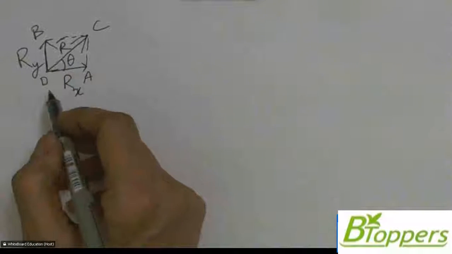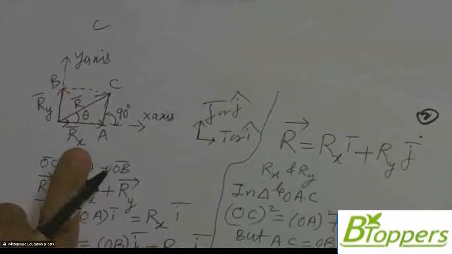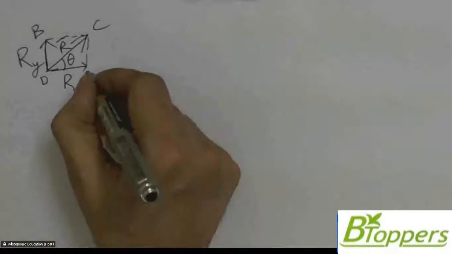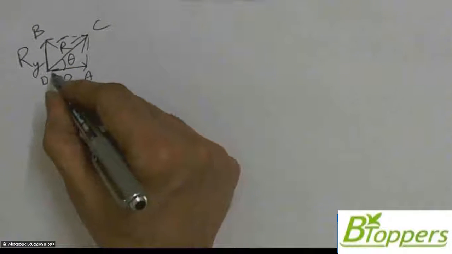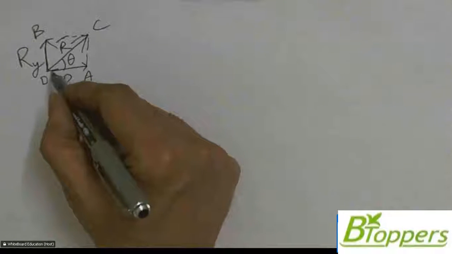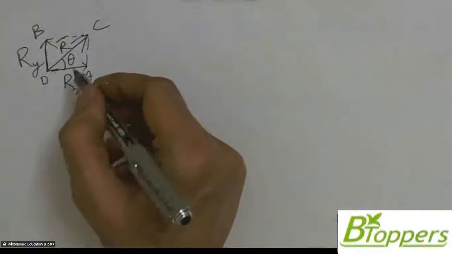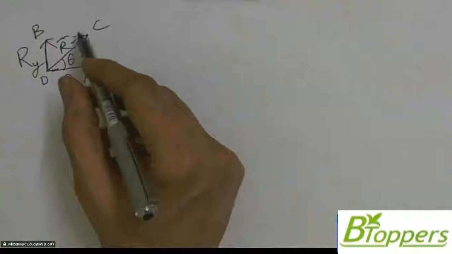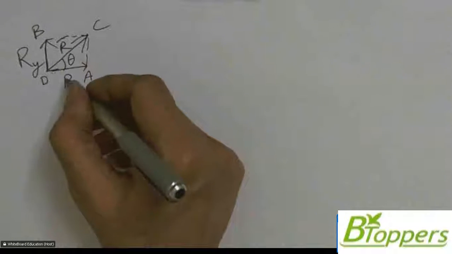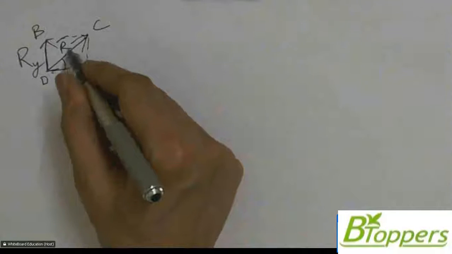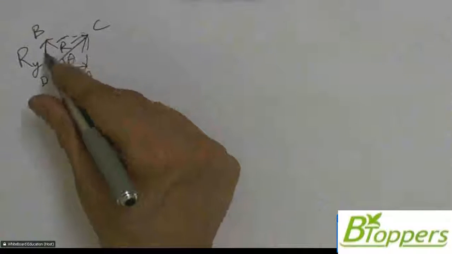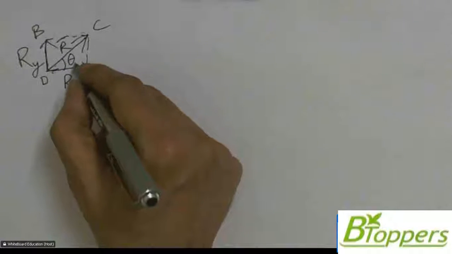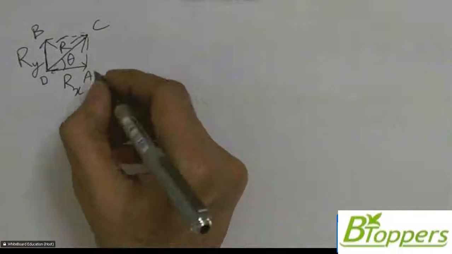I have drawn the same rectangle which I have shown in the earlier diagram. That means OACB is the rectangle. OA is the x component and OB is the y component of vector r bar. The vector r bar is represented by the directed line segment OC bar. So OACB is the rectangle and OAC is the right angle triangle.